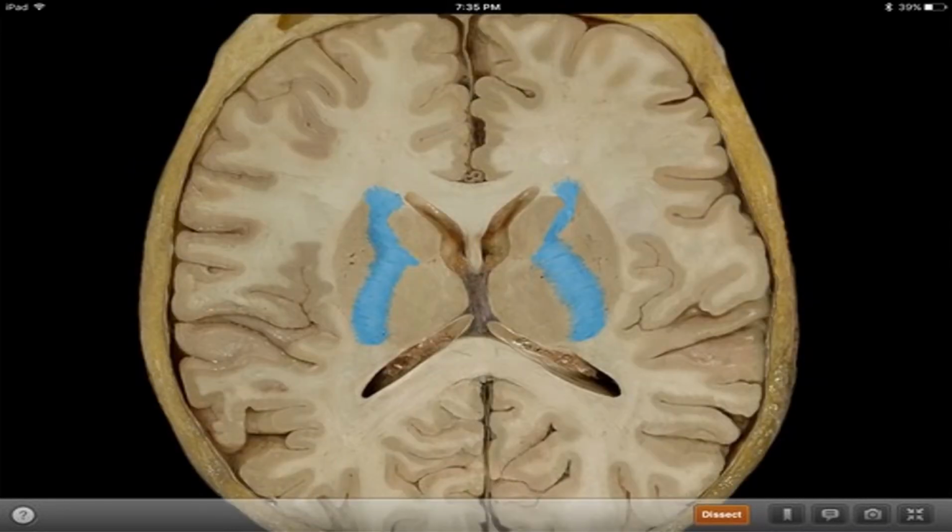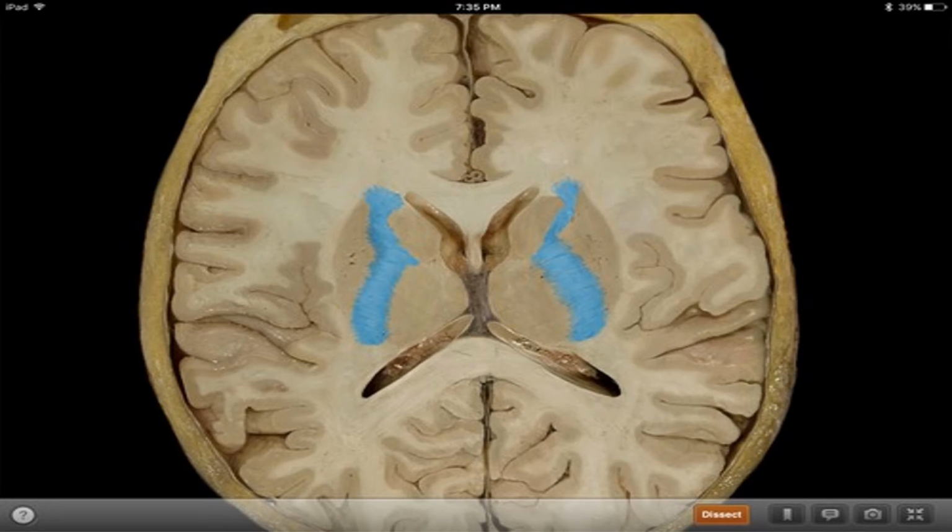Here is a very important structure in this cross section, and that is the blue marked area. As you can see, it is in the middle of gray matter inside the white matter, and these are two masses called basal nuclei.